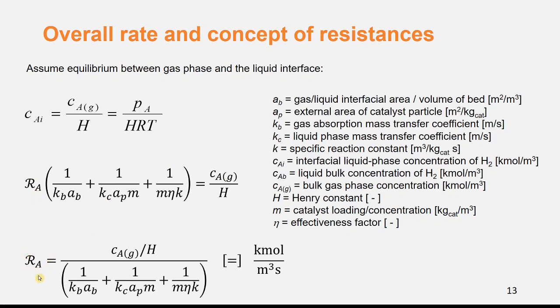So now we have expressed our rate in terms of the gas phase concentration, which can be related to the partial pressure of A. And the partial pressure of A can be measured easily. The other terms here are constants or can be calculated.